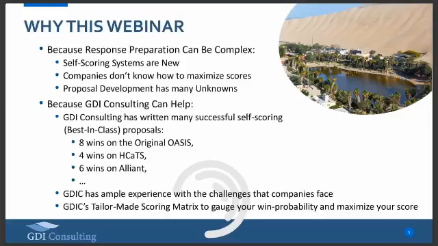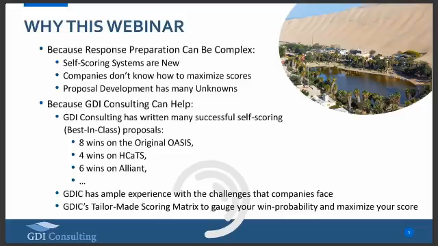The other reason is because GDI Consulting has a firm history in this type of proposal submission, particularly recently in the self-scoring oriented offerings. So we're going to demonstrate for you today some of the ins and outs of it, and why we have developed some of our own tools to help you utilize, maximize, and ultimately win offerings that employ the self-scoring protocols.